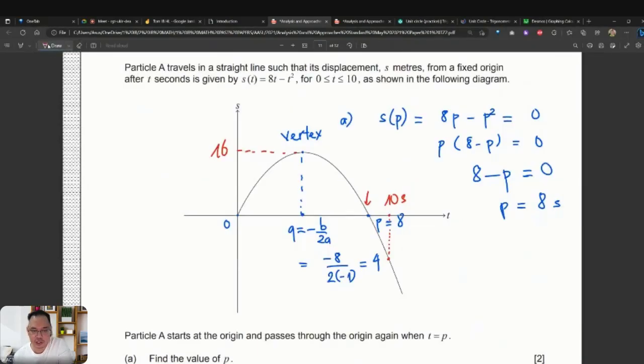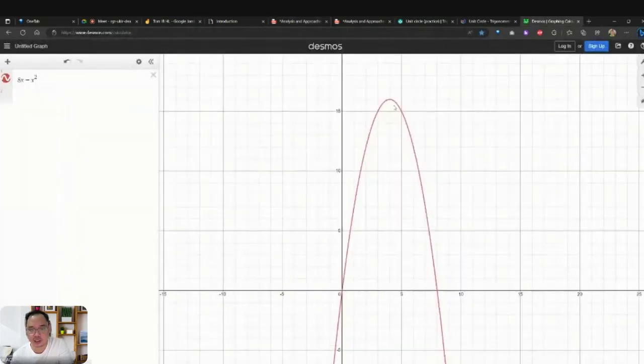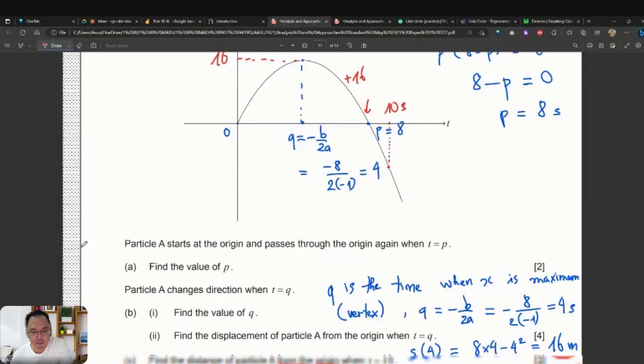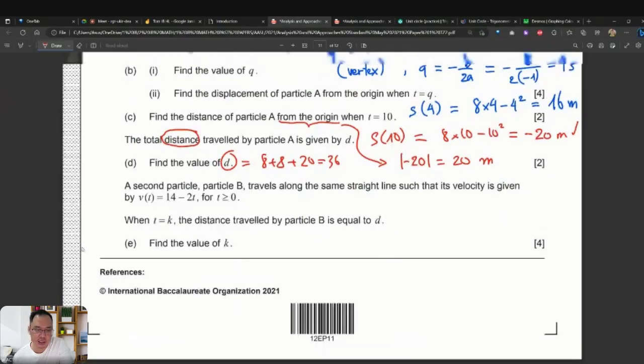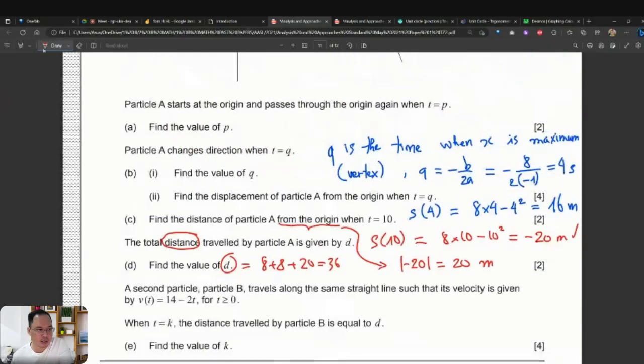Therefore 16 meters forward, 16 meters backward, and 20 meters at the vertex. So the total distance is 16 plus 16 plus 20, which is 52.